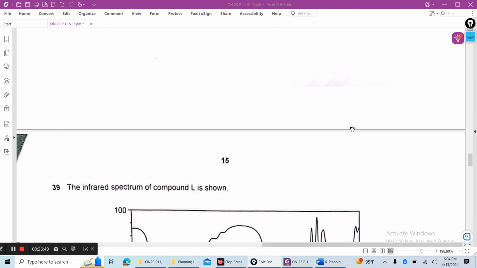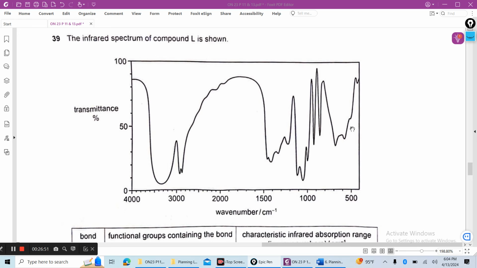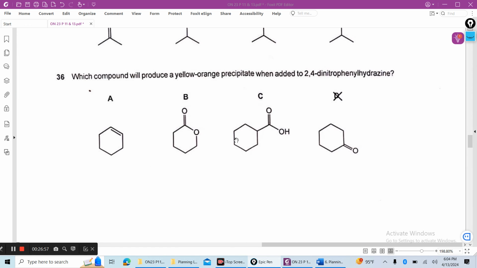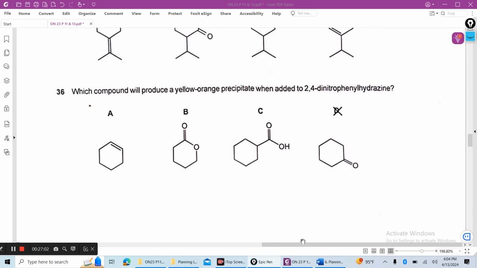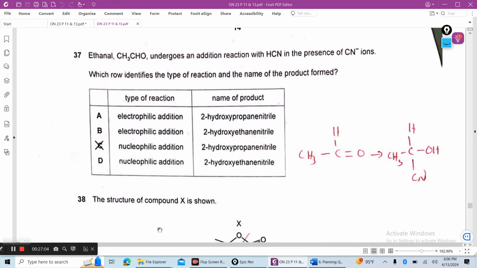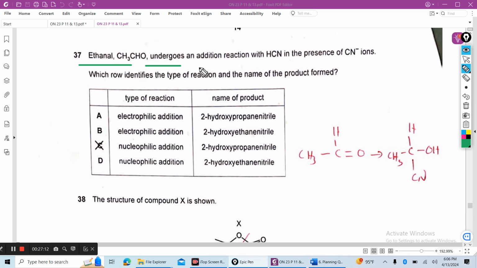Next, 37. Now 37, ethanal undergoes an addition reaction with hydrogen cyanide in the presence of cyanide ion.